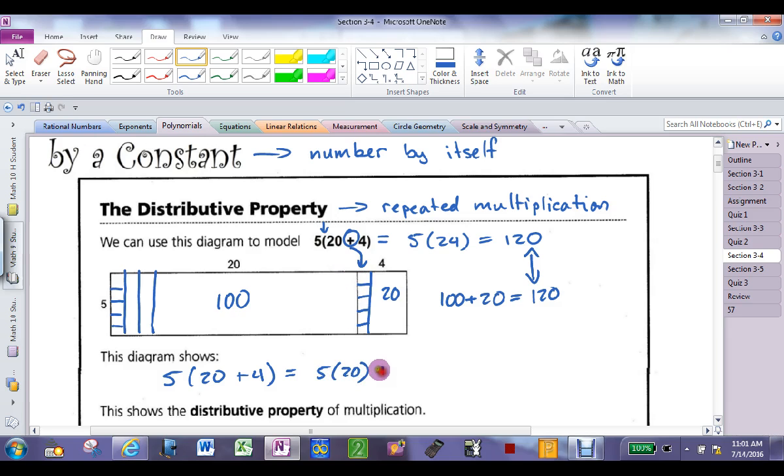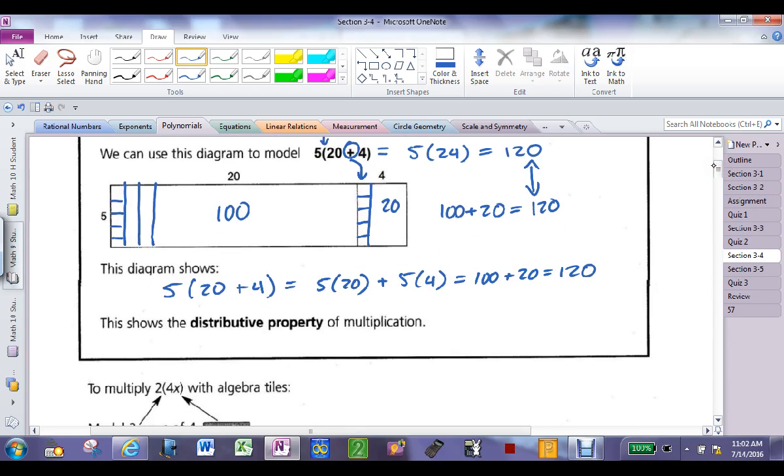And then we did what? 5 times 4. Which got us 100 plus 20, which got us 120. Everybody cool? This is the distributive property of multiplication.